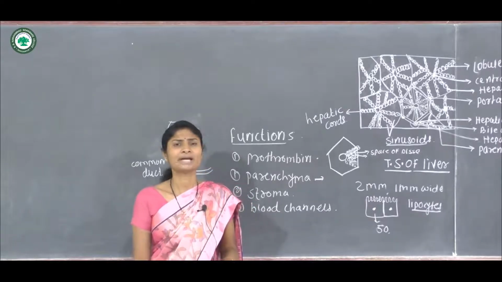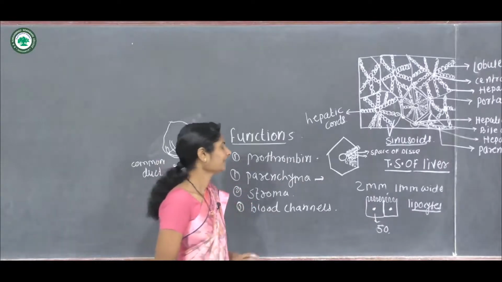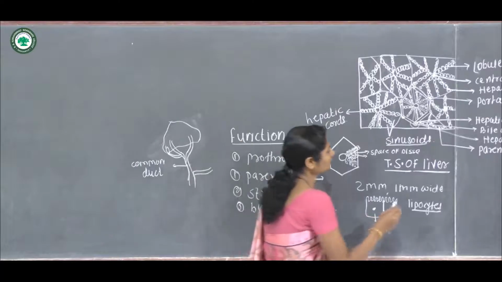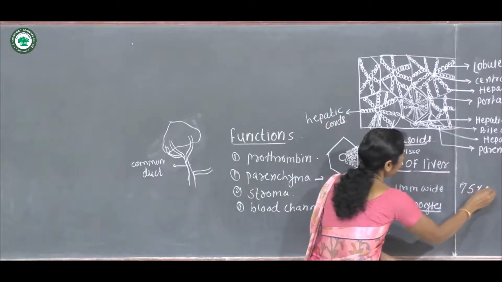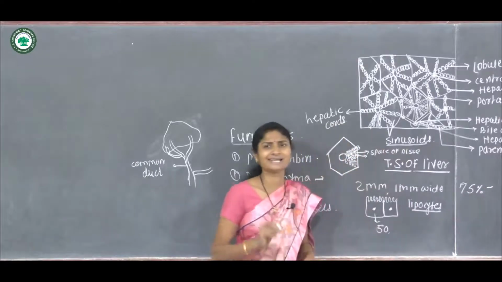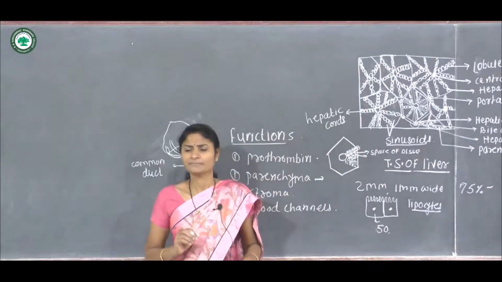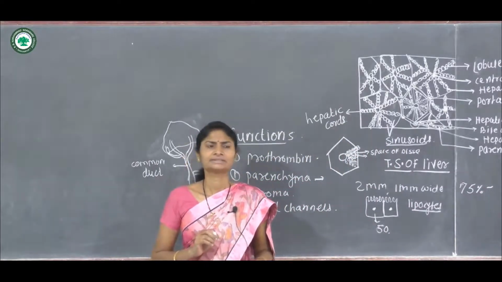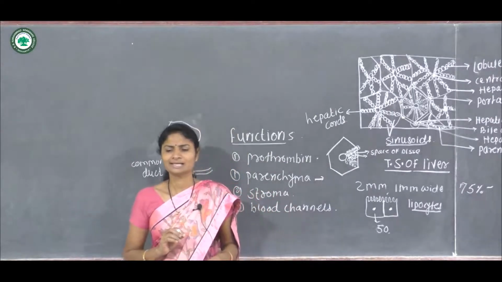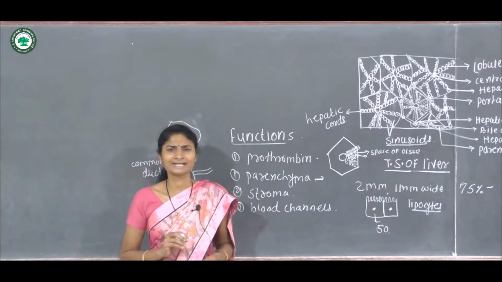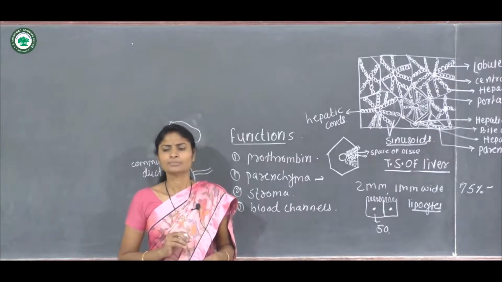The hepatic portal vein carries about 75% of the blood, which is less oxygenated, and this comes from the intestine, laden with carbohydrates, fats and proteins.